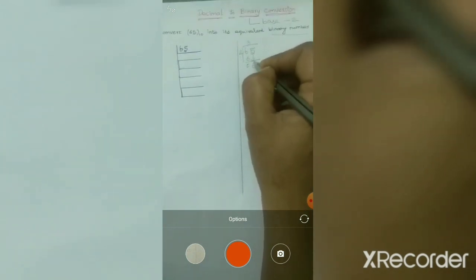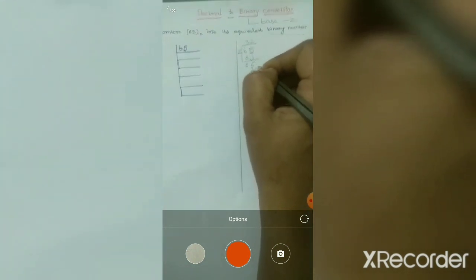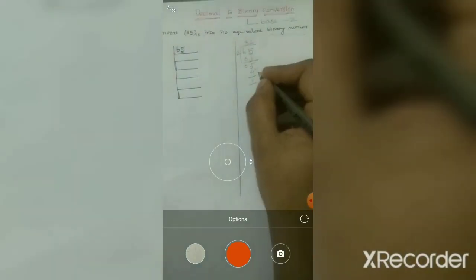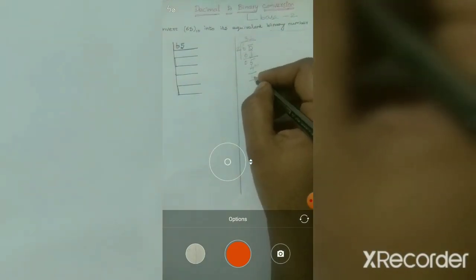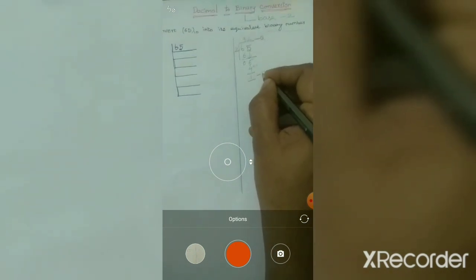Next digit 5. 2 2s are 4, 5 minus 4 is 1. This is the quotient, this is the remainder.